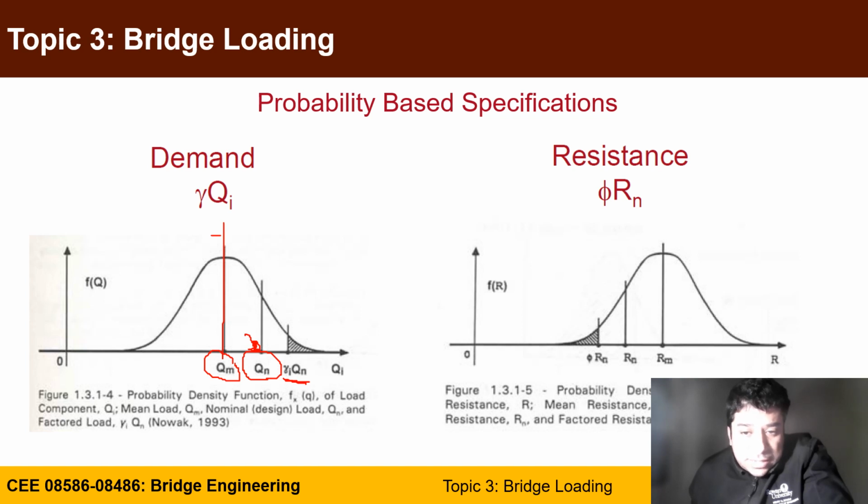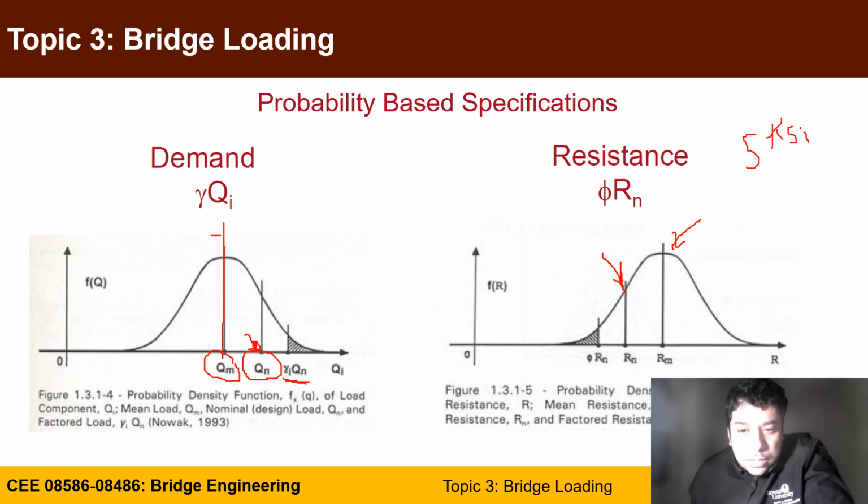For resistance, let's say also the same condition. You have so many concrete cylinders. Let's say this is a very simple example, and you design for 5 KSI concrete, right? So this 5 KSI is this value, which is a nominal concrete strength. It came to the field, different trucks, different samples. The mean of the values came a little bit higher.